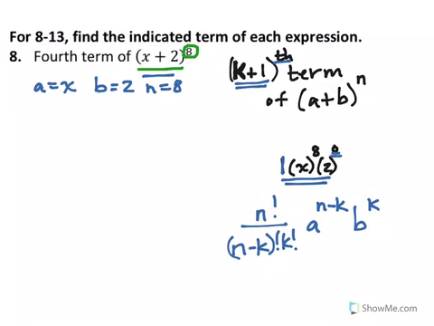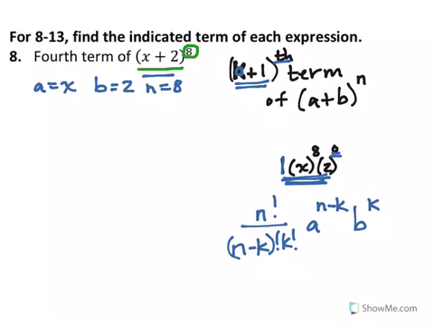So for the first term, k is 0, right? If I plug in 0 for k, I get 0 plus 1, or the first term. So that's why we have this (k + 1)th term.